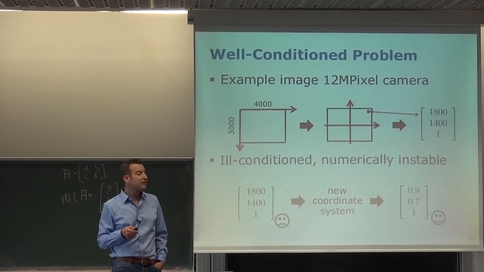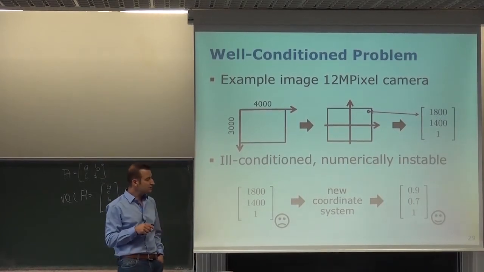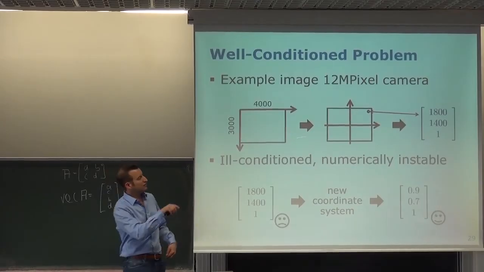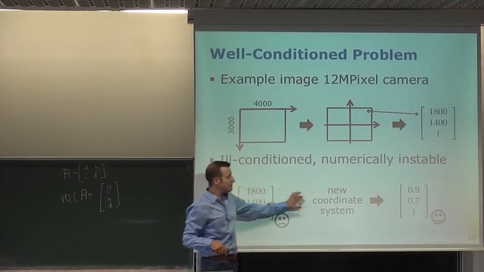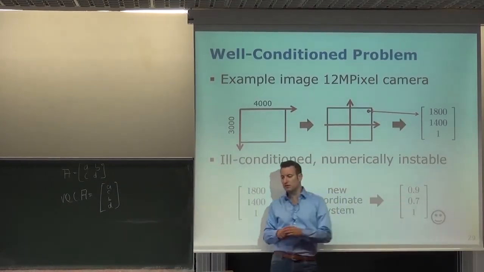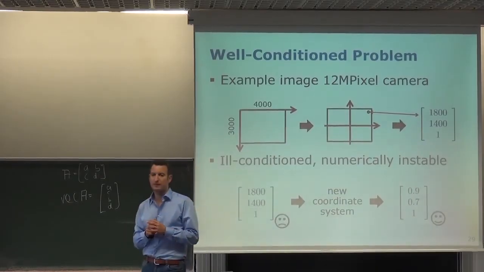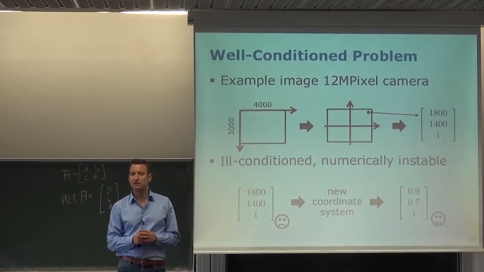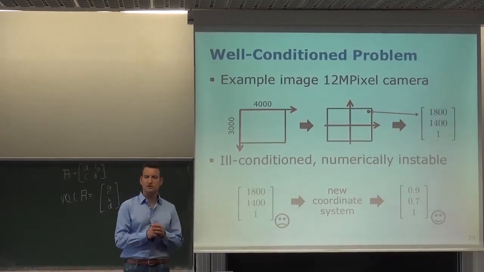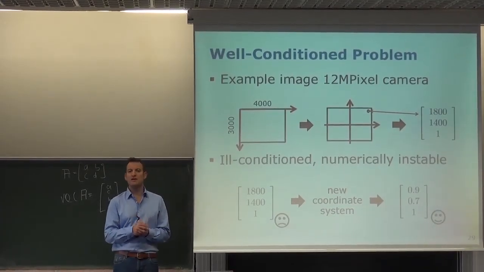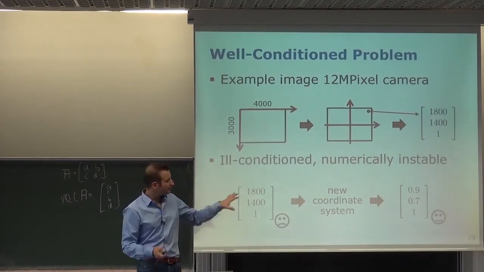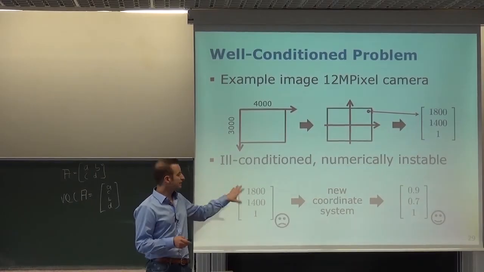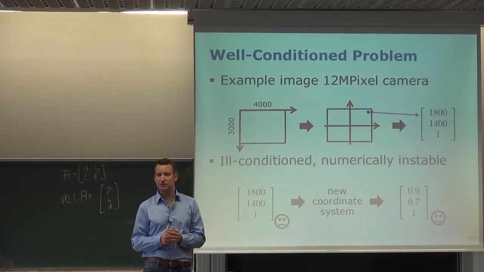So what we can do is generate a new coordinate system which maps those points into a different coordinate frame where all the values are roughly along the same scale. This leads to a better conditioned system, and this is numerically more stable. And this is essential for getting a robust version of this algorithm.